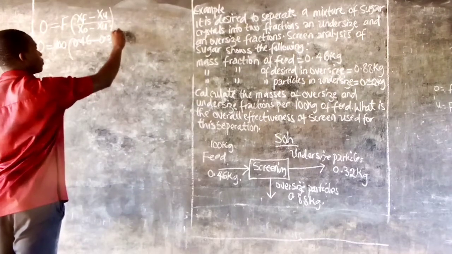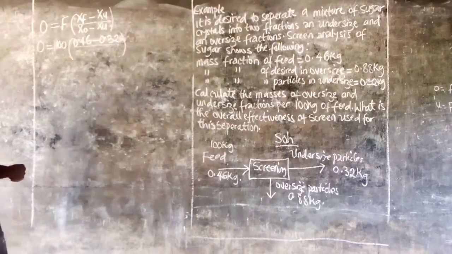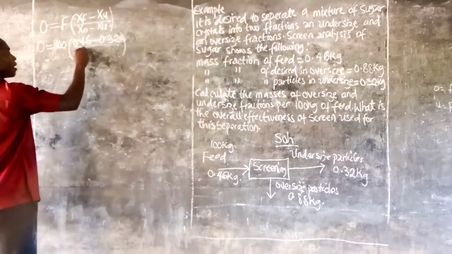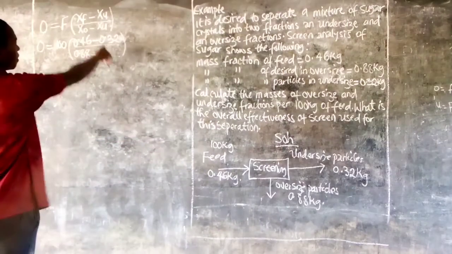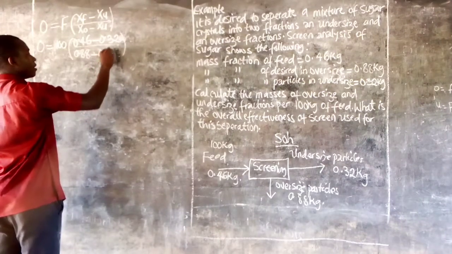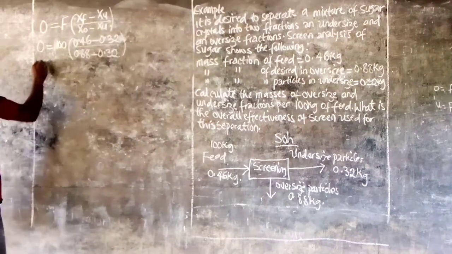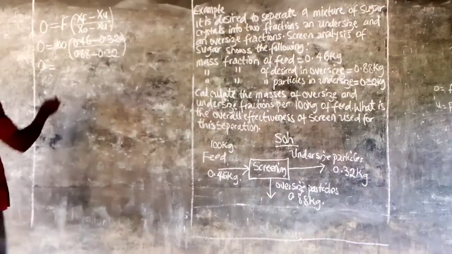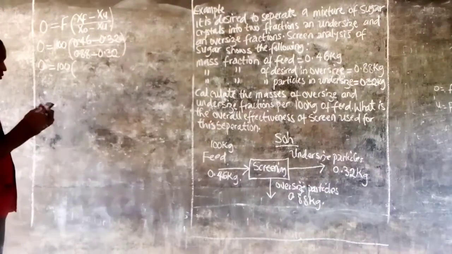Then all over the mass fraction of oversized material, that is 0.88 minus the mass fraction of undersized material, that is 0.32. Right. So now O, which is the oversize, is 100 bracket. Now we have what?